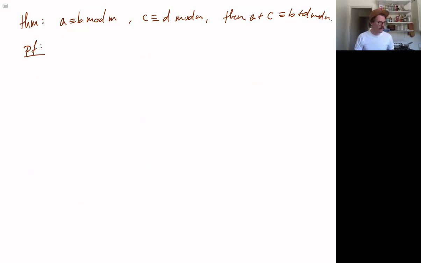So what is the proof? It should follow essentially from the basic divisibility rules that we talked about at the start. But here is one way we can write it down. So A congruent to B mod M. As usual, let's start from the definitions.